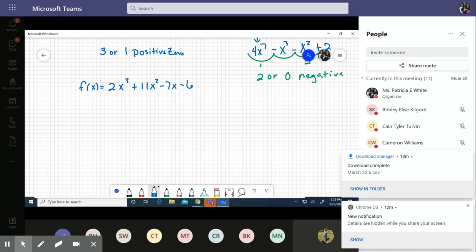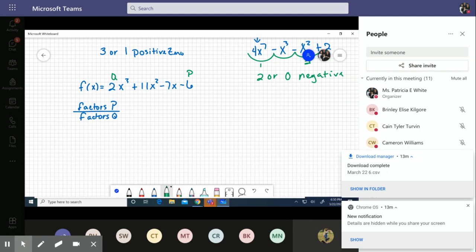I'm going to get it from getting the factors of p over the factors of q. The hardest part about this is that they set it up backwards.